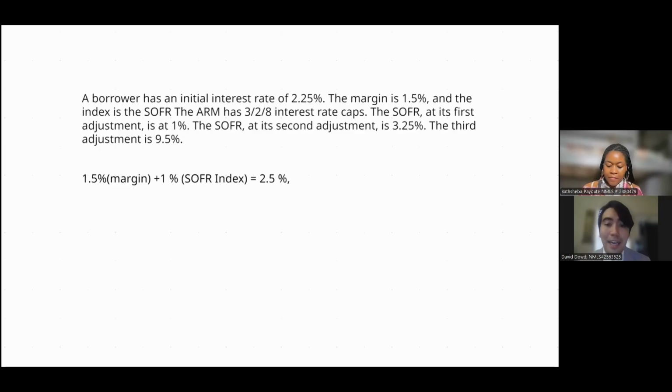Since the interest rate at the first adjustment is 2.5 and not 3, it's below 3. The cap does not kick in. In other words, we do not breach the cap, right? We're below the cap. So therefore, it's an acceptable adjustment. And the interest rate at the first adjustment will be 2.5%. So instead of 2.25, it changes to 2.5.